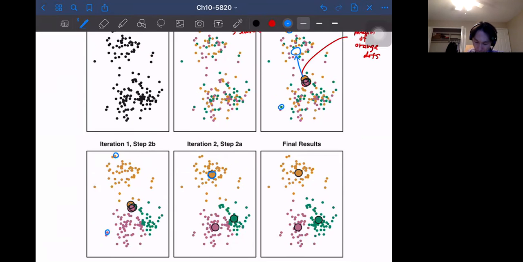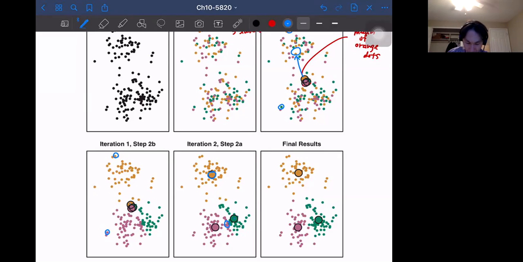After that, we calculate the distances. For example, maybe this one around here is closer to the green center, so we reclassify it as green. And finally, we can stop at some point, maybe when no labels change, or only a few labels change.